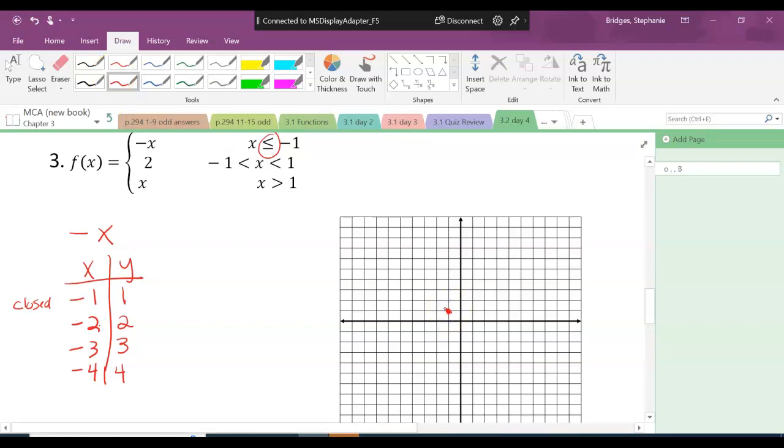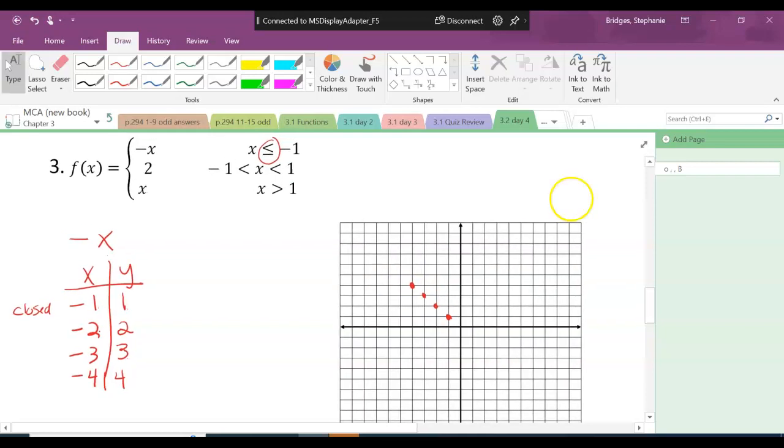Okay, and then negative 2, 2, negative 3, 3, negative 4, 4. When I connect those, do I keep going past that last point? Yes, because it's everything that is less than negative 1. Is everybody okay with that part?